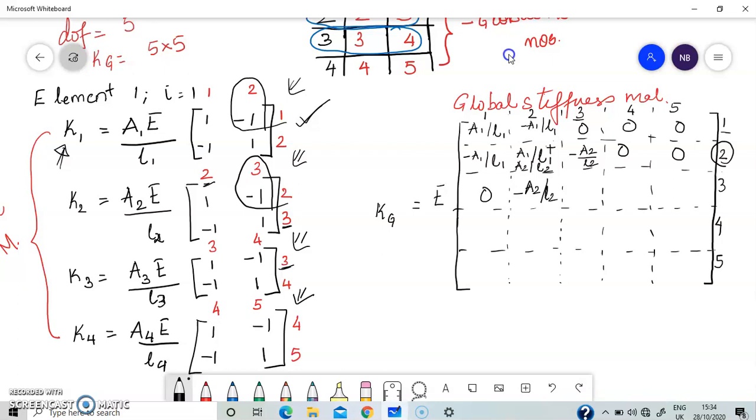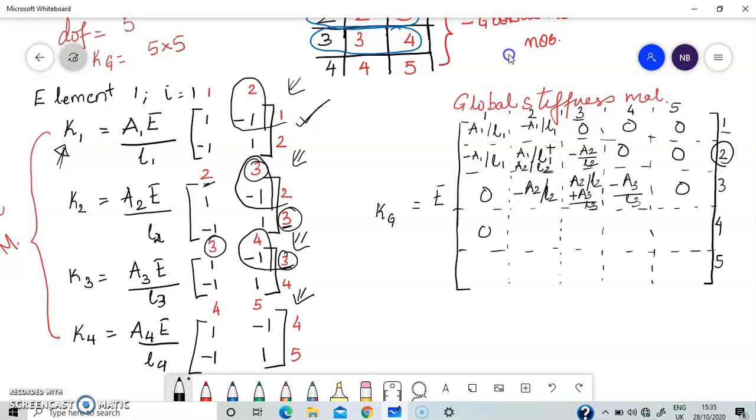Then we have row 3 and column 3, we have A2 upon L2. We have another term: there is a 3 3 here, and there is also a 3 3 here. So this will be plus A3 upon L3. Row 3 and column 4 is minus A3 upon L3, and row 3, column 5 has no term, so this is 0.